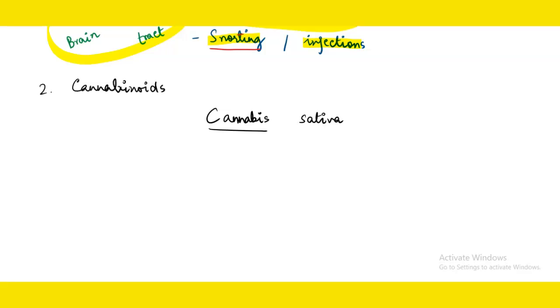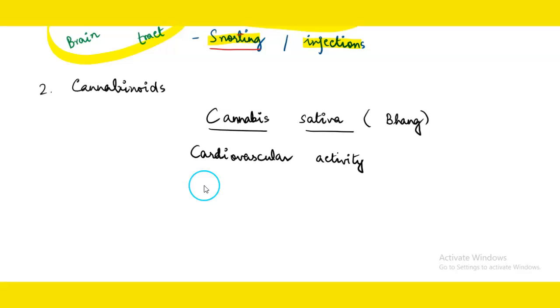This is a very common plant which is offered to Lord Shiva on Mondays and on special occasions when he is especially being worshipped, and in Hindi it is known as bhang. It generally affects the cardiovascular activity of the person who is consuming it.